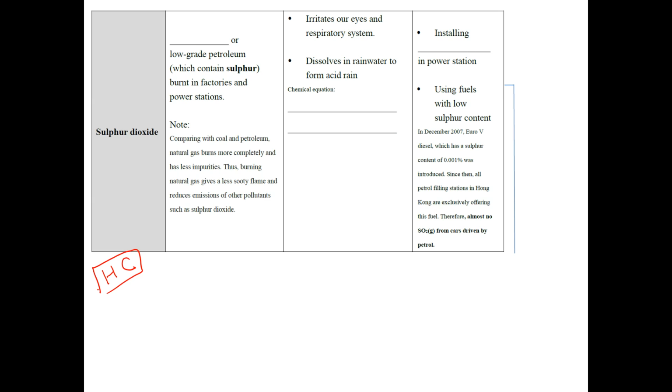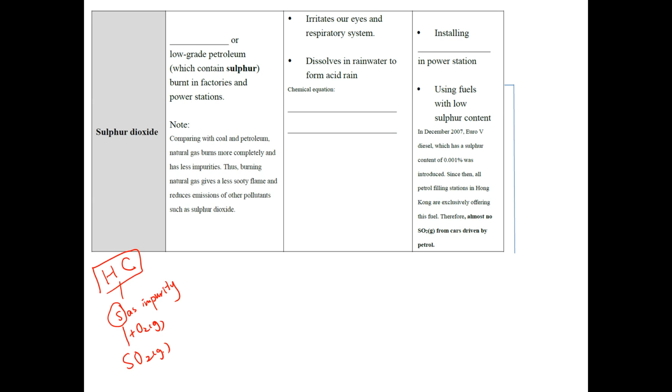Actually, for petroleum, there are some impurities. A certain amount of sulfur is inside, so sulfur as an impurity. So what will happen is when we are burning the hydrocarbon, sulfur is also being burned. So by combining with oxygen in the air, it will become sulfur dioxide.